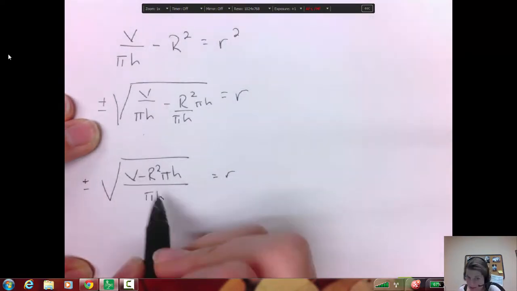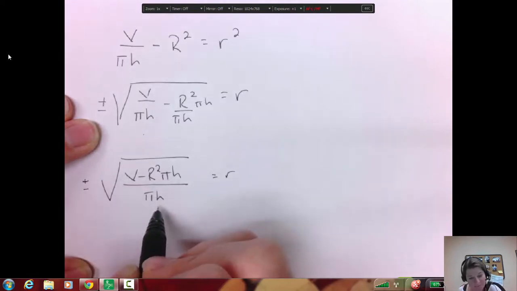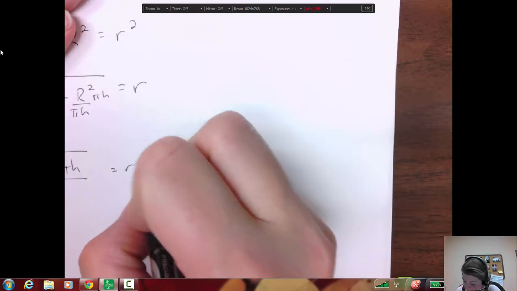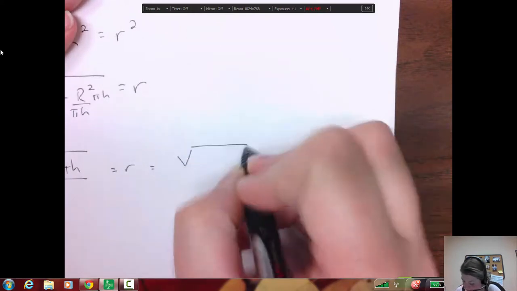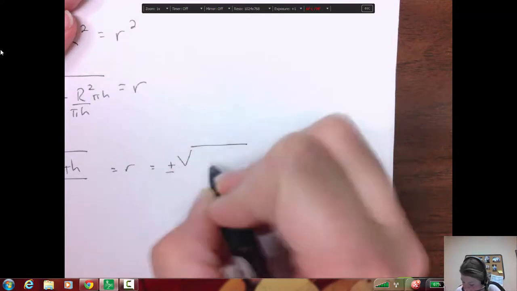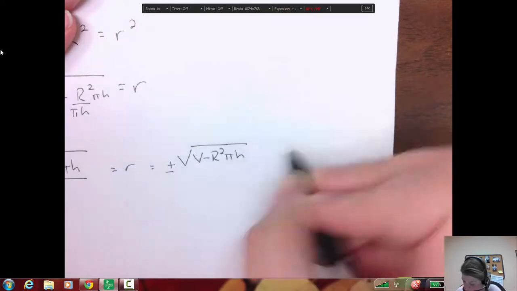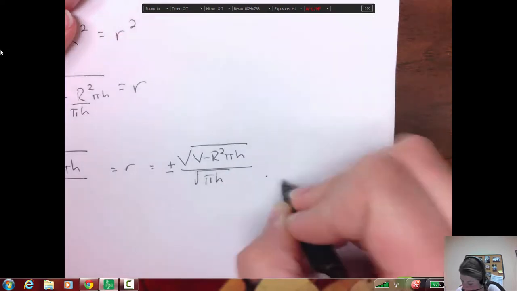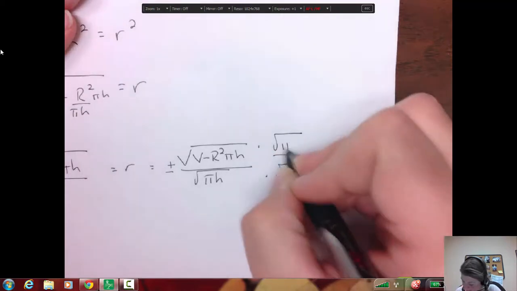Then I now can separate the square root and get rid of the pi h by timesing the top and bottom by the square root of pi h. So now we're going to have the plus or minus the square root of v minus R squared pi h over pi h, square root, times by pi h times by pi h.